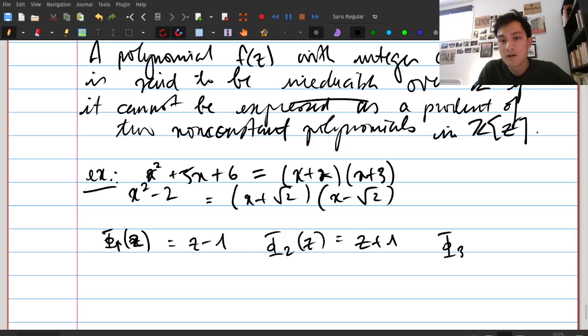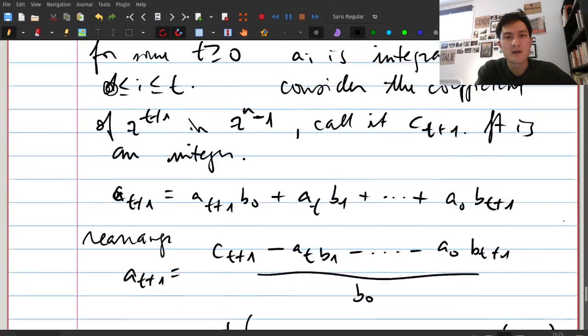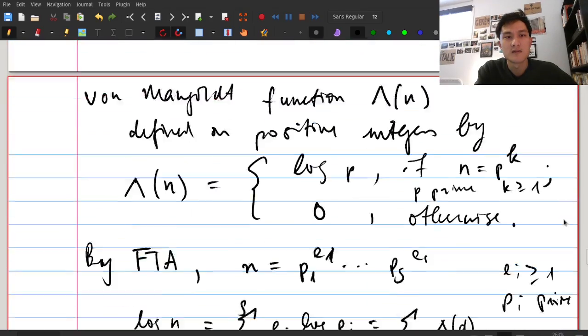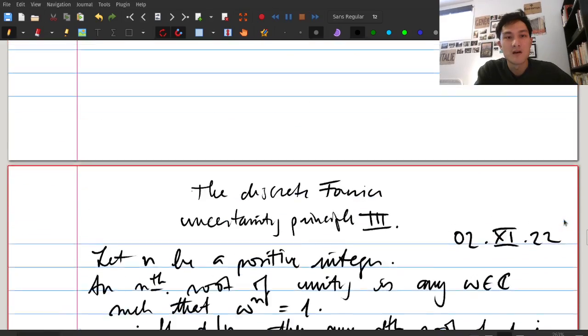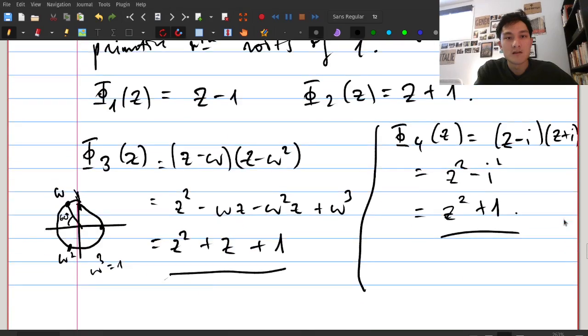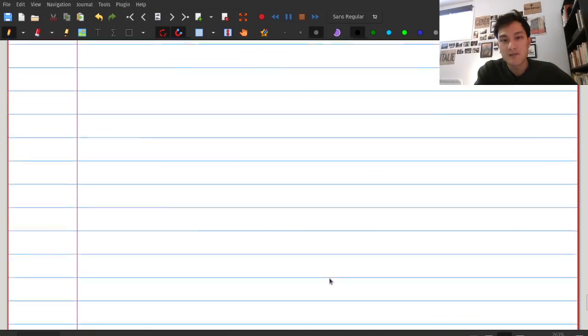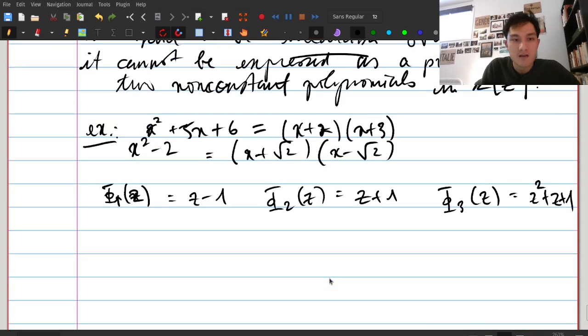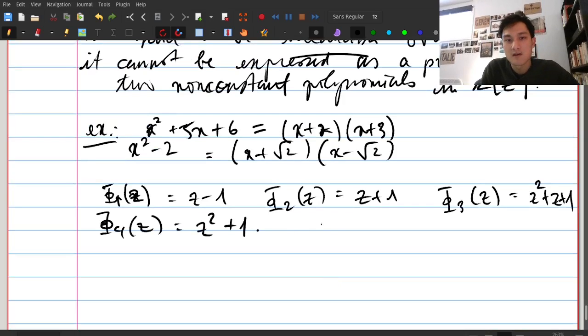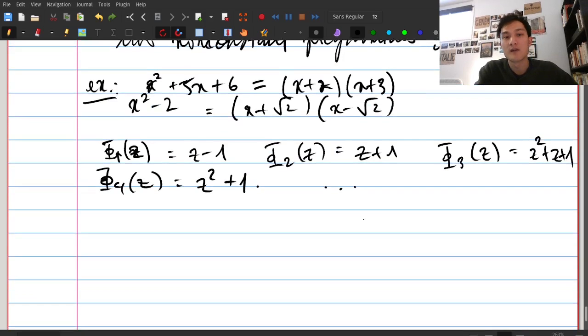The third is z squared plus z plus 1. I'm not wrong. Maybe there's a minus somewhere. I think we computed them way up here. Oh, where's that? Z squared plus z plus 1, yeah. And the fourth was z squared plus 1, and so on. Okay. And we're going to prove that all these are irreducible.